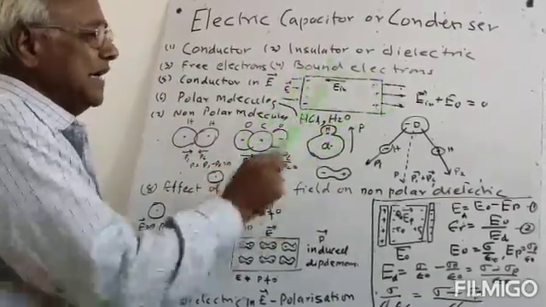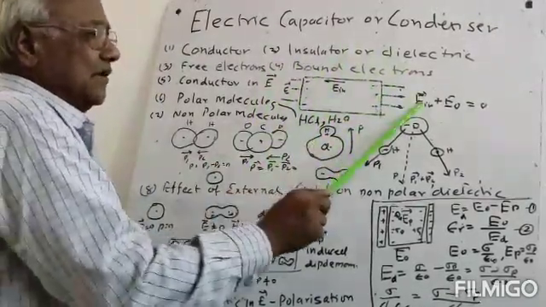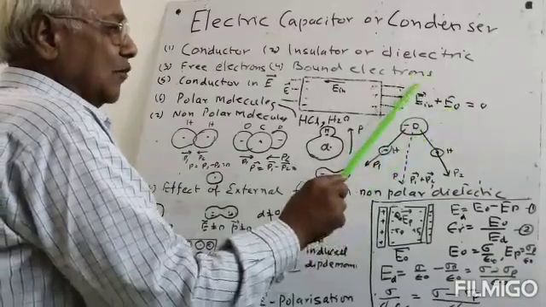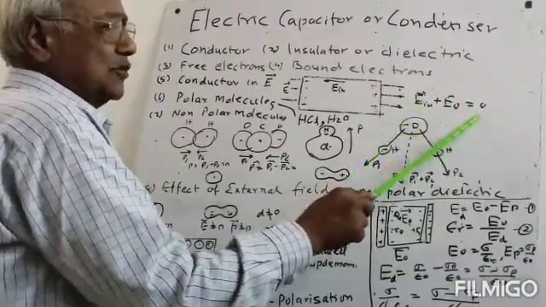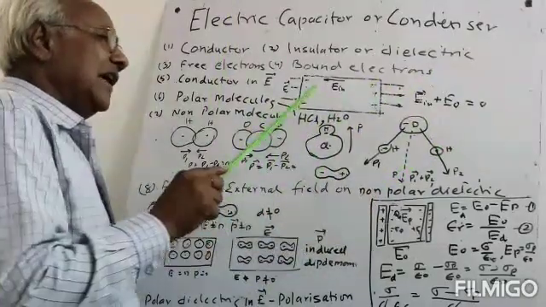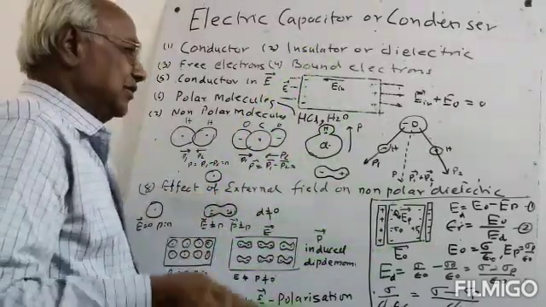So what will be the net electrical field? Net electrical field will be equal to E inside plus E outside. Both are vectors, and since both are equal and opposite, the sum is equal to 0. It means the electrical field in the conductor is always 0.